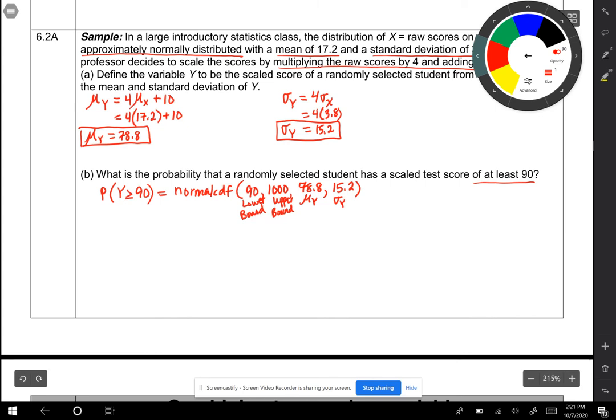You can't just write a bunch of numbers. That doesn't really help anybody who's grading it. Or if you make a mistake, I can't really go back and see what you did. And so that gives me 0.2306. So the probability that a randomly selected student's scaled test score is at least 90 is 23.06%.